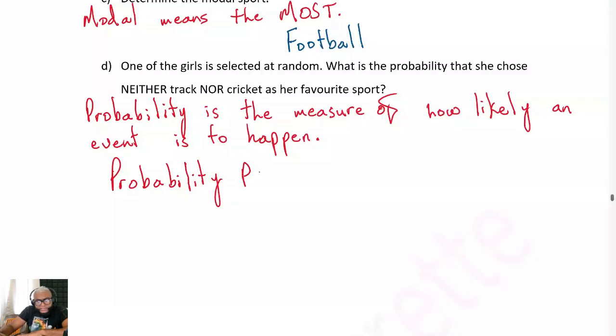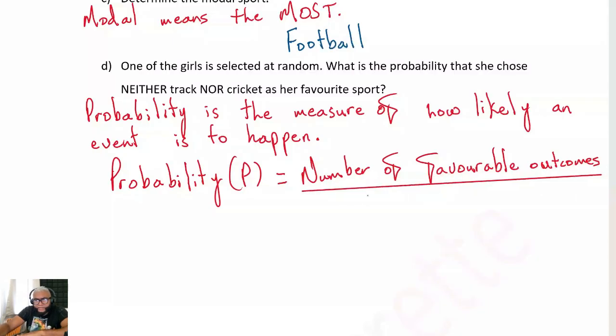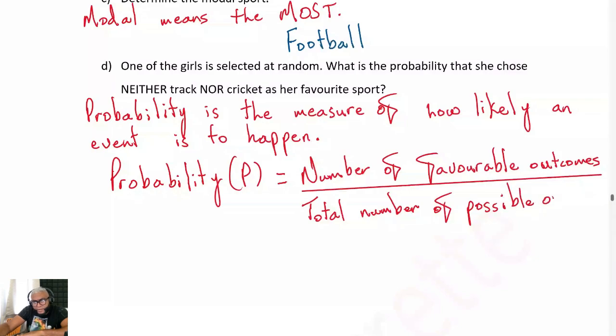Probability, which is often written as capital P, is equal to the number of favorable outcomes divided by the total number of possible outcomes.